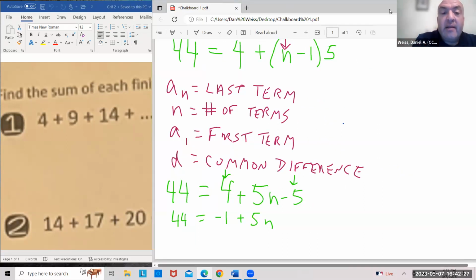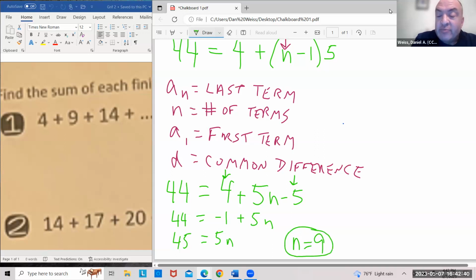I'm going to get 45 equals 5n, and I divide by 5, and I get n equals 9. That's how I figure out how many terms there are. Well, didn't you already know it was 9 terms though? Only because I went ahead and went 4, 9, 14, 19, 20, and so on.